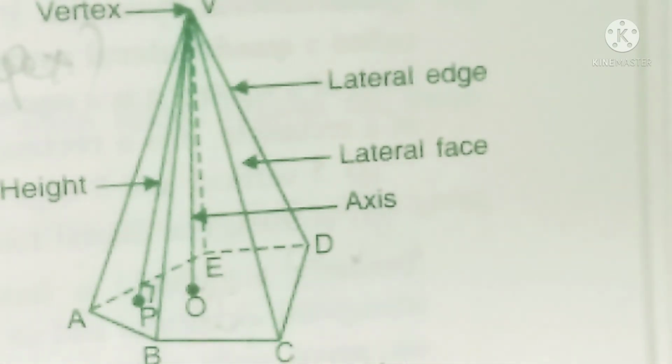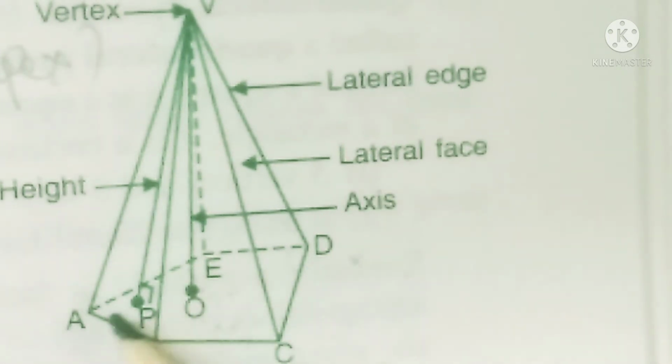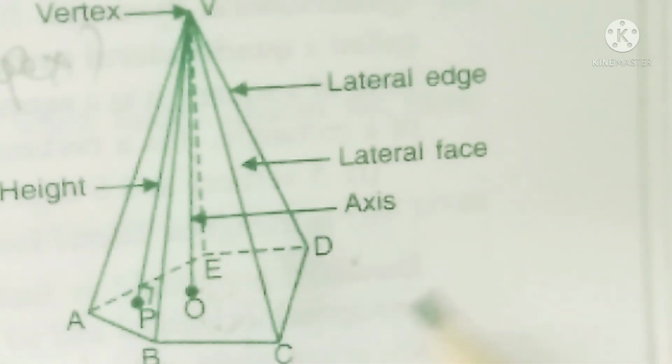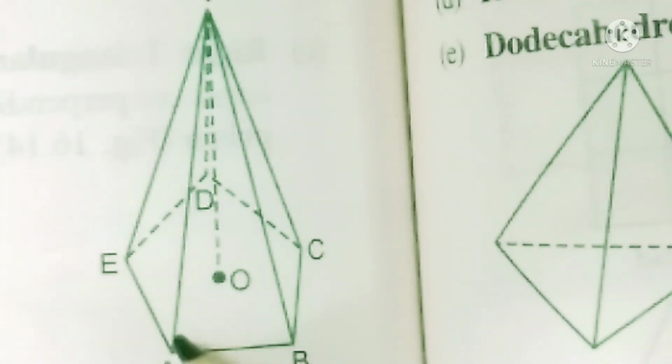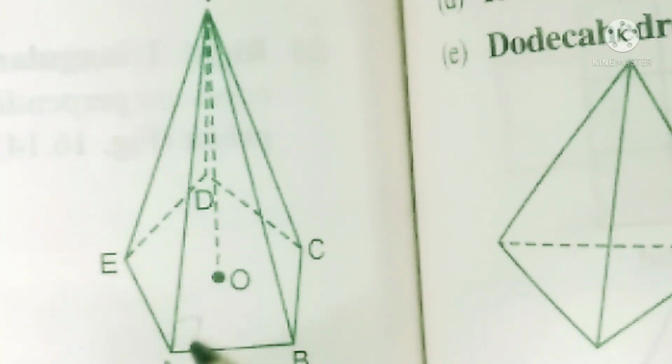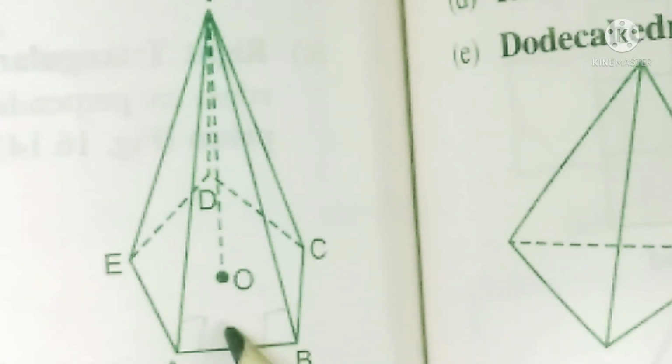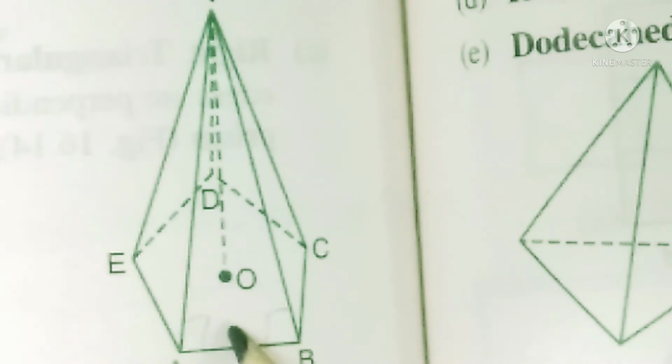If this angle is 90 degrees, then it is called a right pyramid. Similarly, if the base is regular, then it is called a regular pyramid. Now, see here, this is making an angle of 90 degrees, here also 90 degrees. This is a right pyramid.